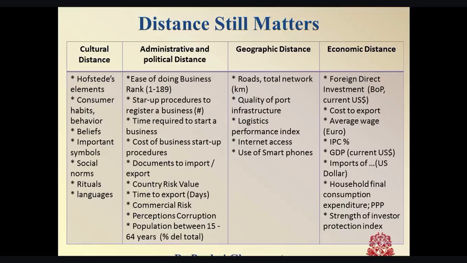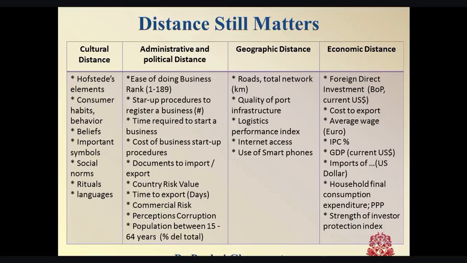to internationalize. Okay, in the geographic distance, you can include elements like the weather, the internet access, in general the roads, the infrastructure of the countries, depending also on the entry mode that you are going to use.